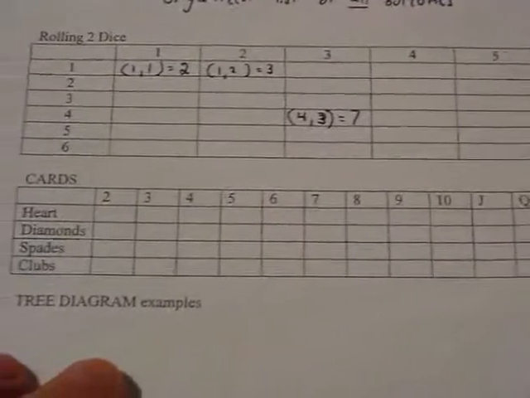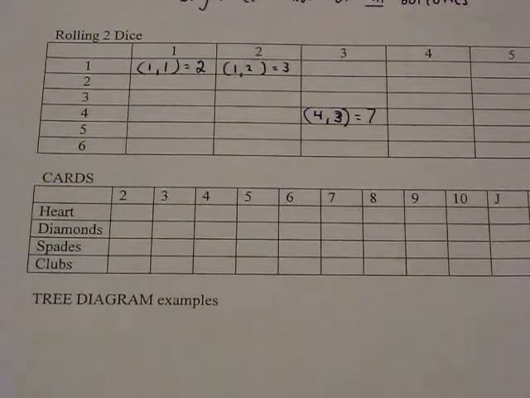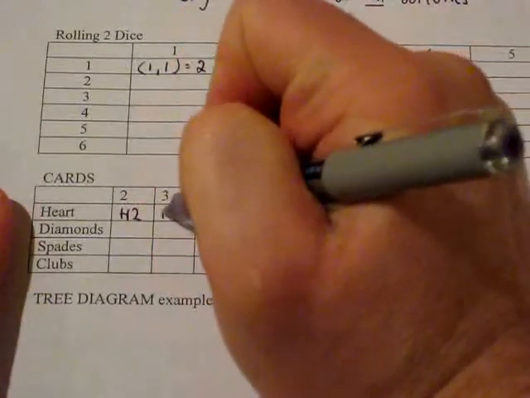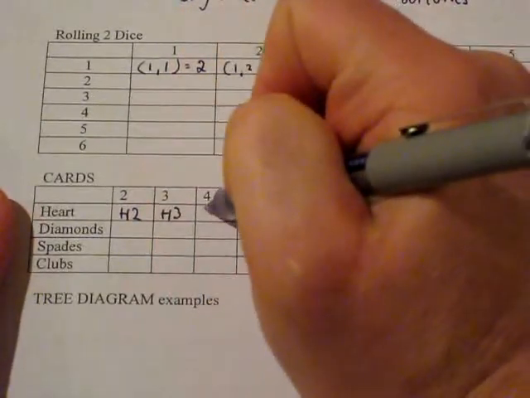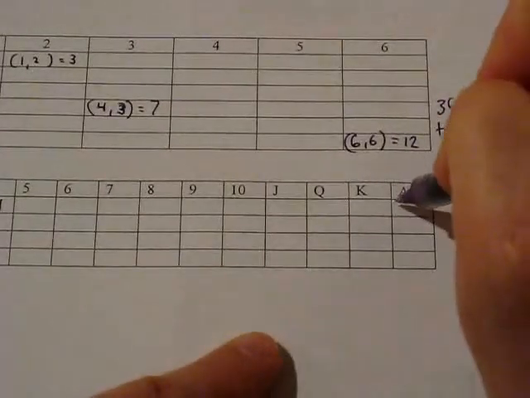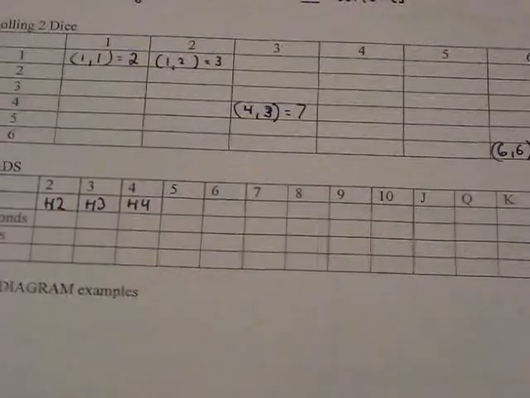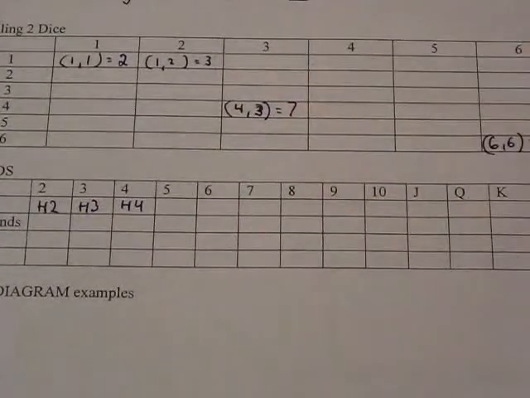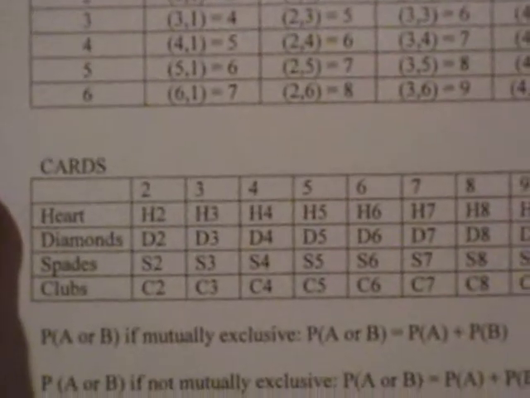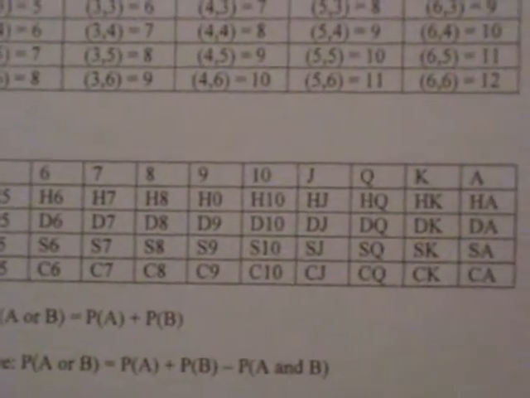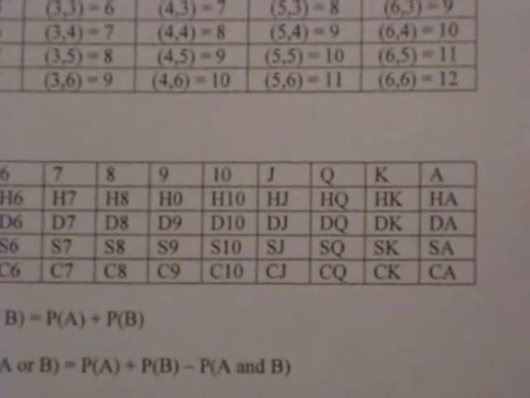That's simple multiplication counting. Now for cards, on the other hand, this would be the 2 of hearts, the 3 of hearts, the 4 of hearts, and if we go all the way to the end, we'd have the ace of hearts. And I'm just keeping this consistent with the table above it where my column would get to go first here. And so this would also be filled out like so. And you will notice that there are 4 cards for each number of each different suit.